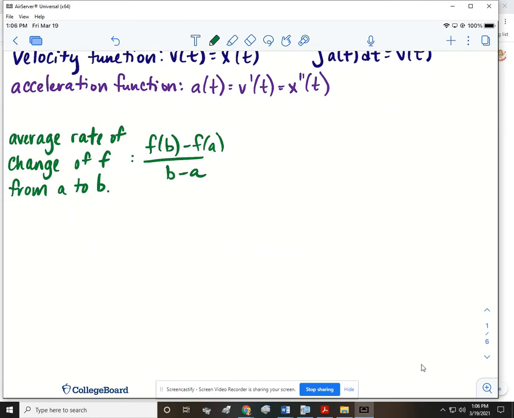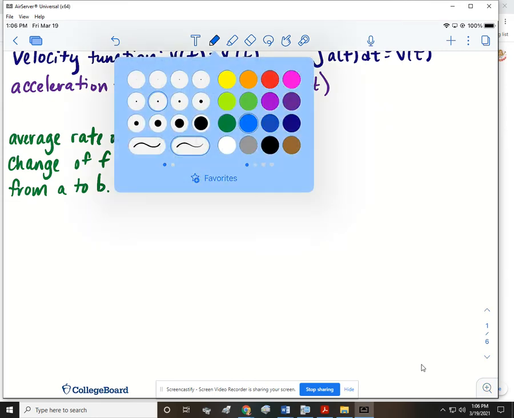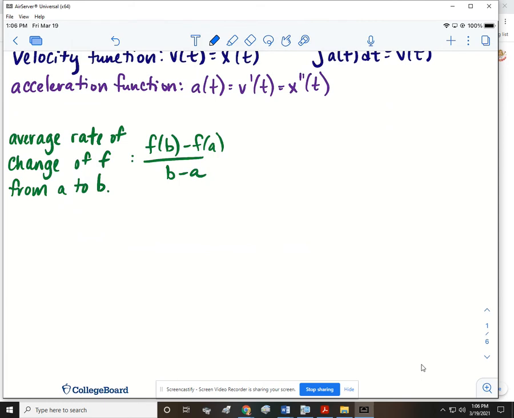Okay. Another average thing we've been talking about lately is the average value.